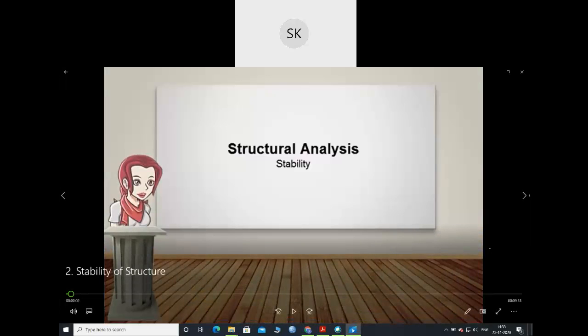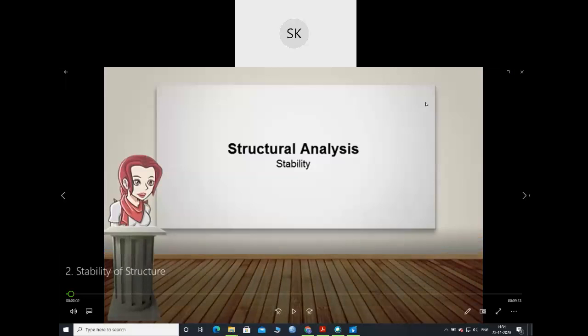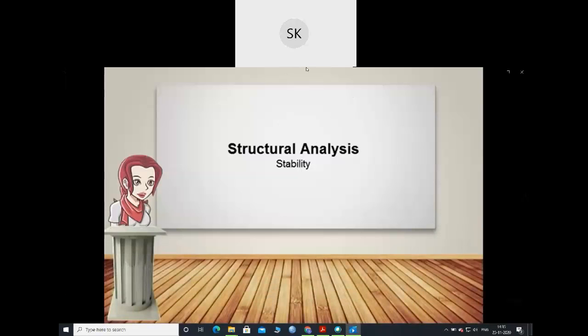In this session, I'm going to talk about stability of structures.